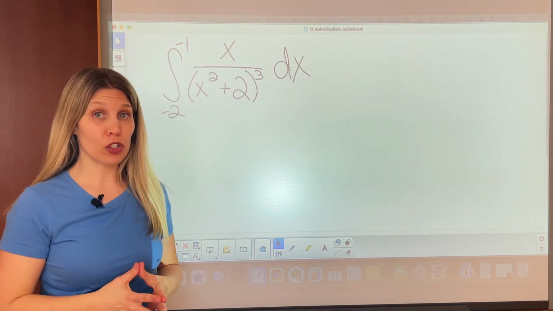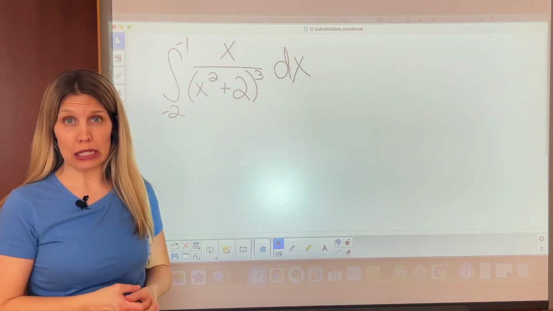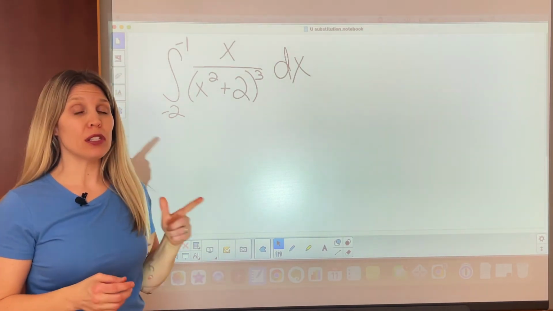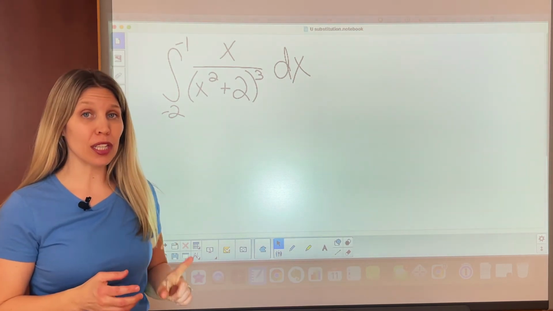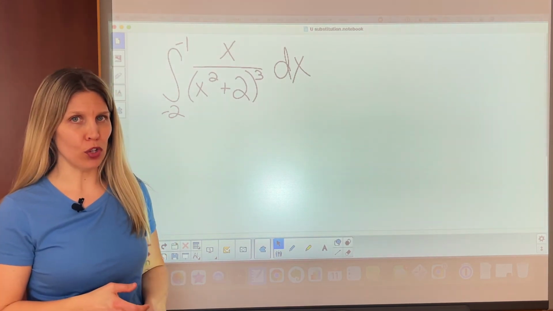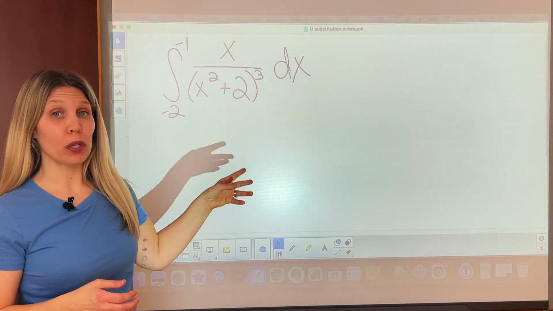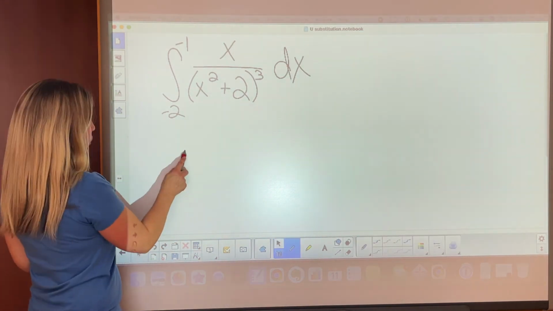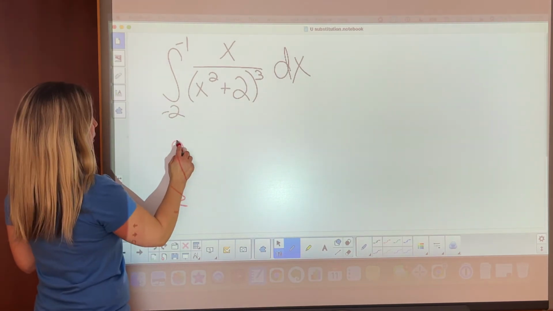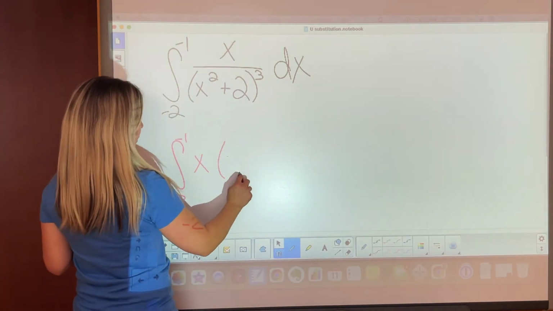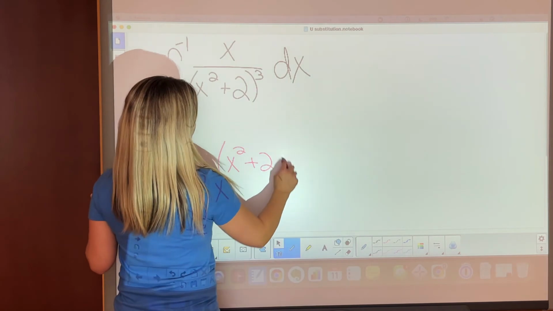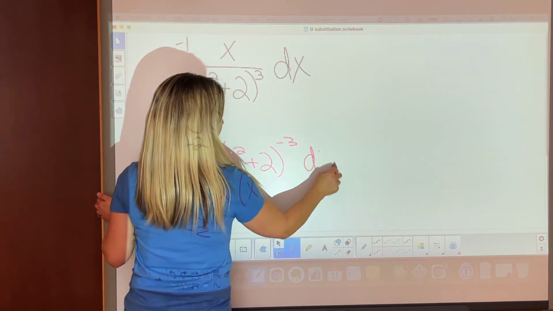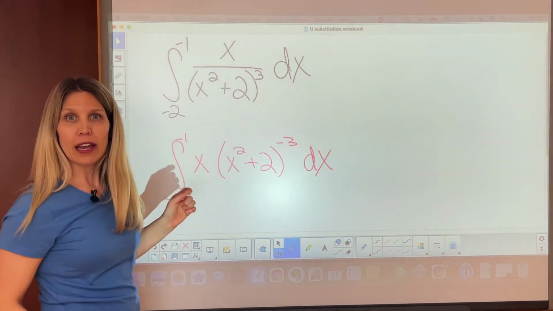Now this one looks really tricky in that you would definitely need to use U substitution. But this is where I'm going to teach you that you can actually use regular substitution. So first thing I'm going to do is rewrite this problem with the denominator in the numerator. So if you rewrite this as -2 to -1, x times x squared plus 2 to the -3rd dx, identify your inside piece.